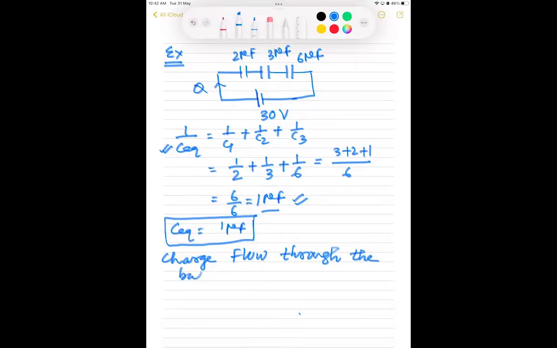Charge flow through the battery, how much will it be, students? Q is equal to how much? Q is CV, that means C equivalent into total voltage.